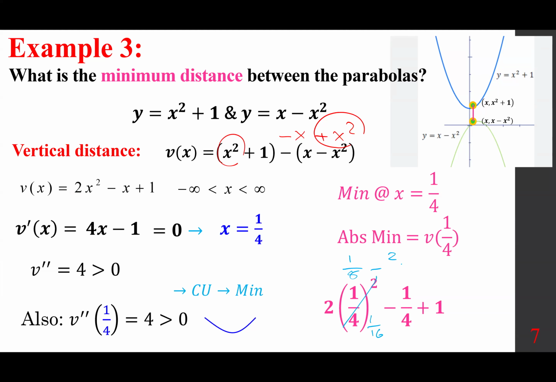Minus 1/4 is 2/8. Plus 1 is 8/8. The answer is 7/8, which means the minimum distance between the two is 7/8, and whatever the units are, it's not given, of course, at x equals 1/4. By the way, if you need to figure out the y for each one, you can plug in if they ask you.